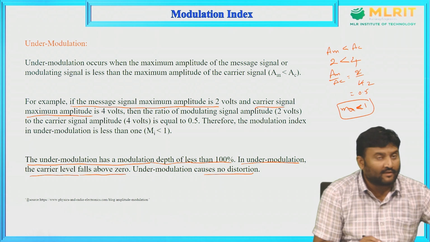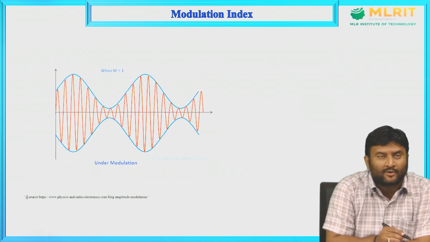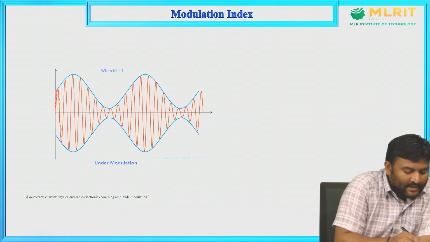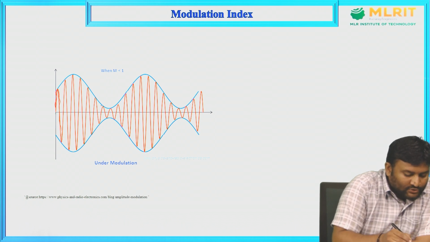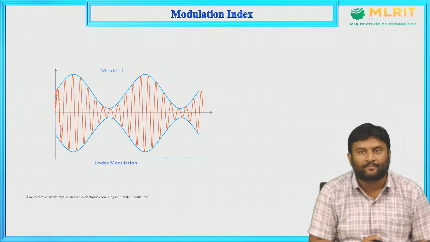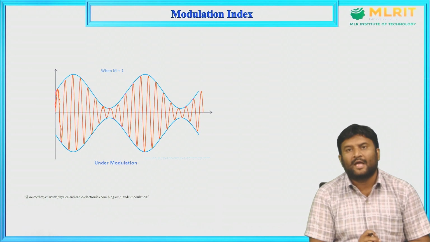Then we'll explain with the help of the waveform. Observe here, this is the under modulation. The carrier signal is varied with the message signal, then it reaches 0. When it falls to 0, observe here, it's not completely 0 because it has a certain amplitude.